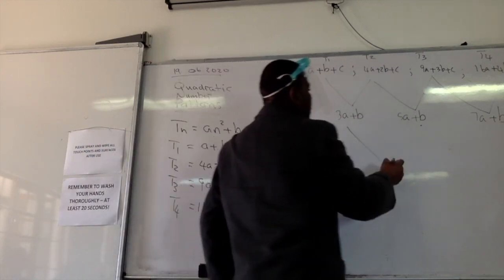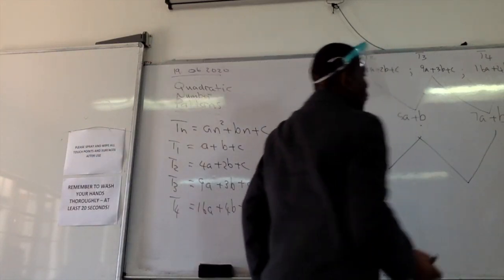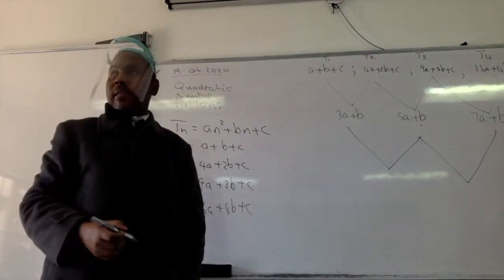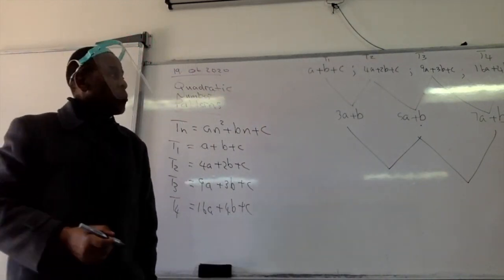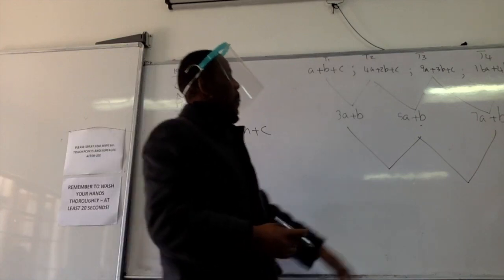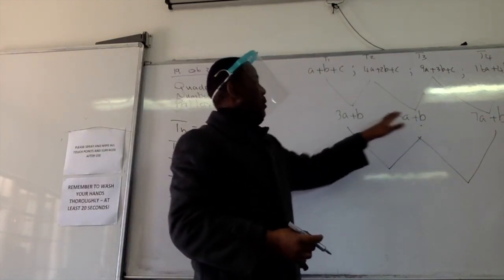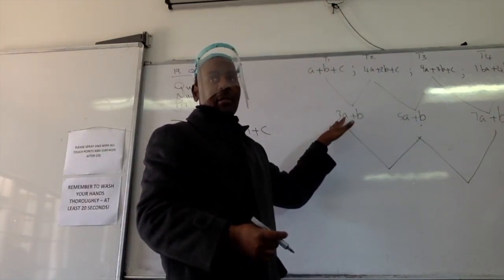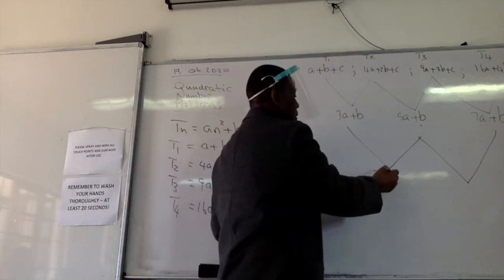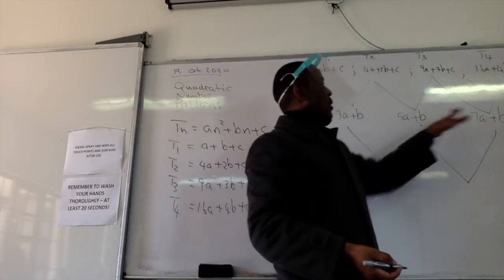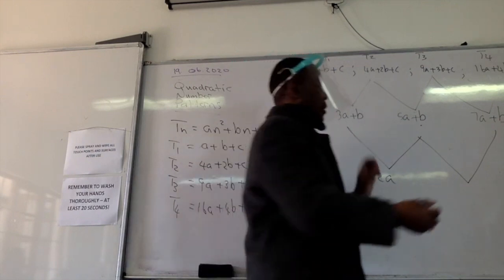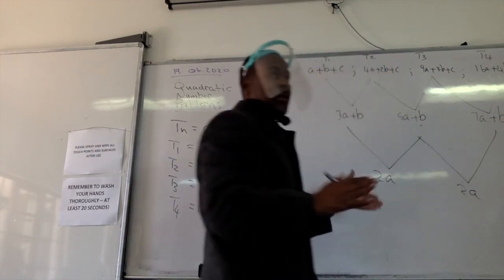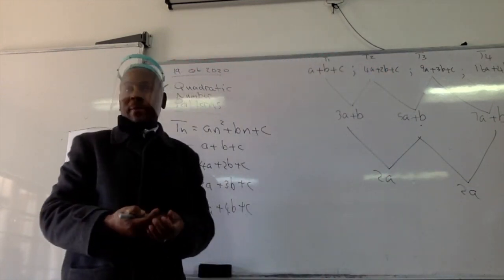So let's go on and look for what we call the second differences. What is 5a plus b subtract 3a plus b? 2a. And what is 7a plus b subtract 5a plus b? Again, that is 2a. So you see that the second differences are equal.